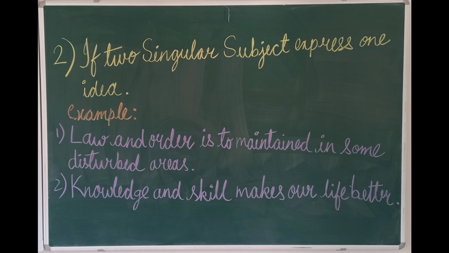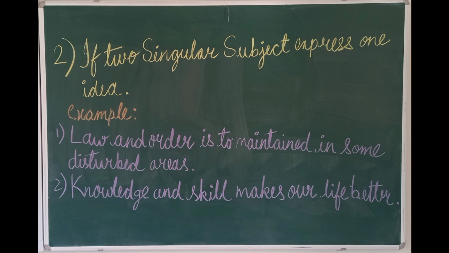Here, law and order refers to one idea of enactment of laws. That's why we will consider law and order as a singular subject and we will use the singular forms of verb. Here we have used the auxiliary verb is, that is used for a singular subject.